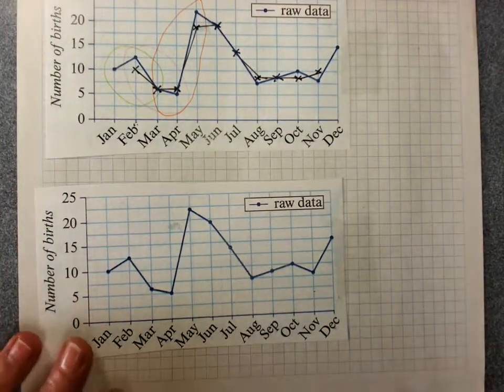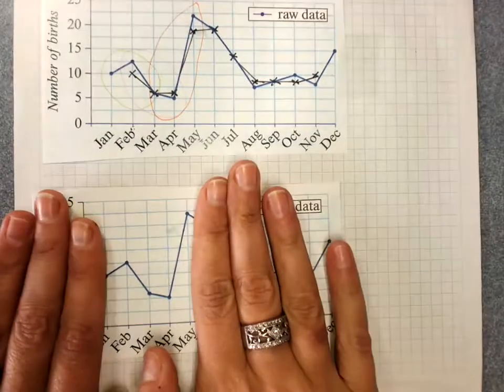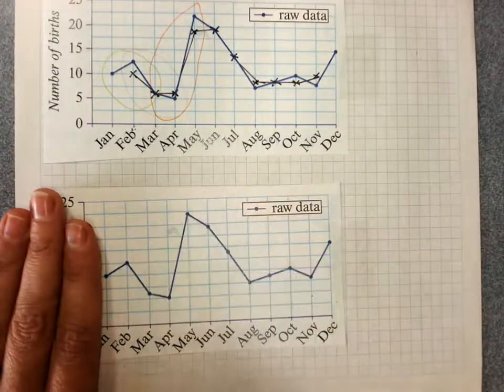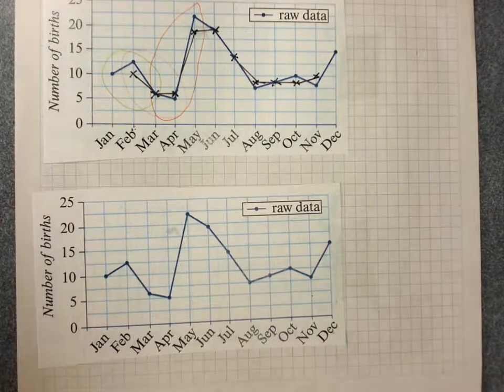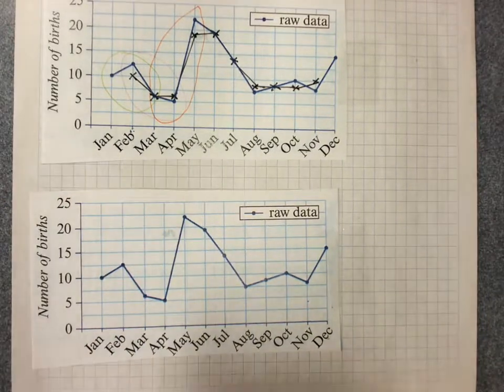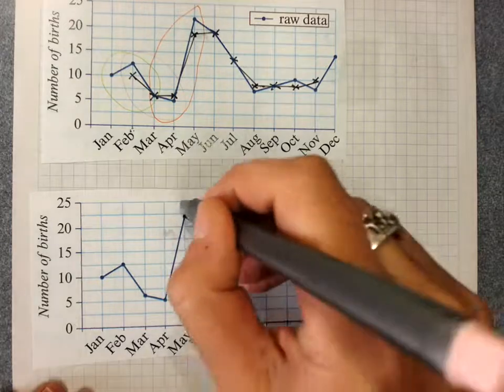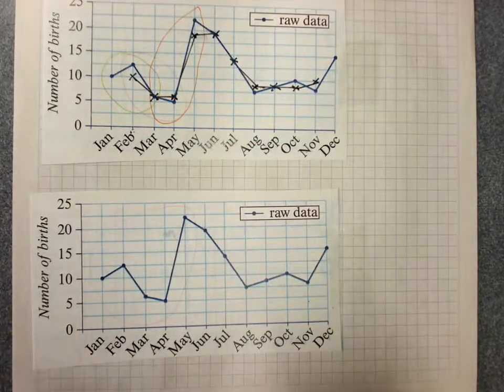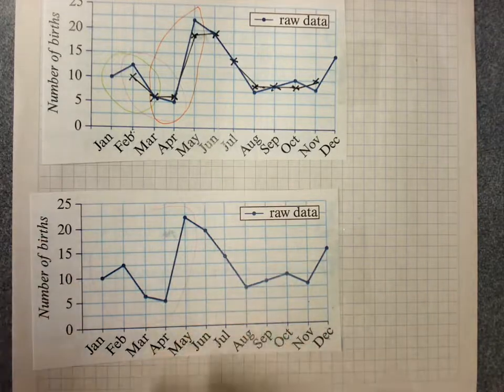And that just means we're going to take the median of 5 sets of data instead of the median of 3. So our first set, 1, 2, 3, 4, 5. Again, please don't draw circles on your graphs when you're doing this in tests. This is just so we're supporting you to understand what I'm doing.